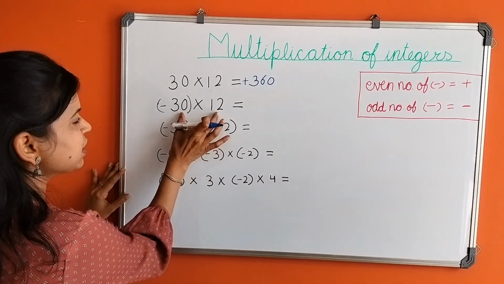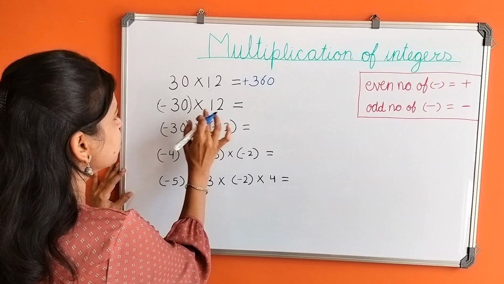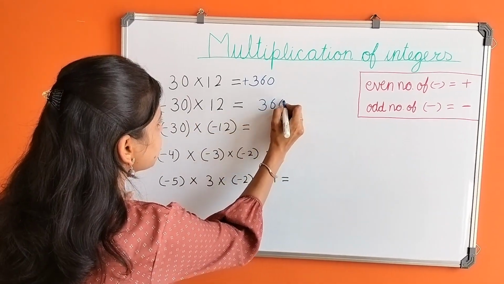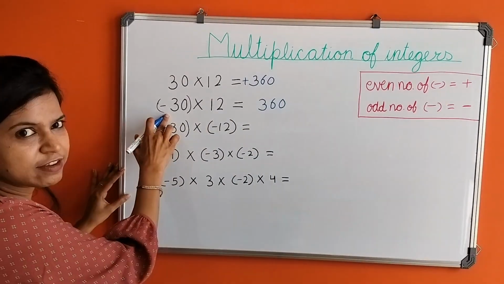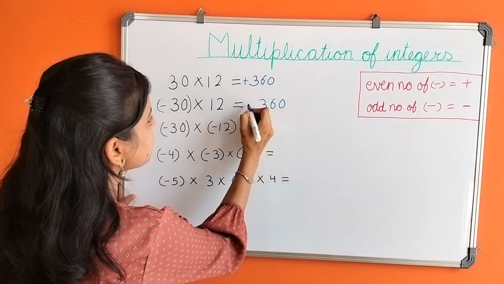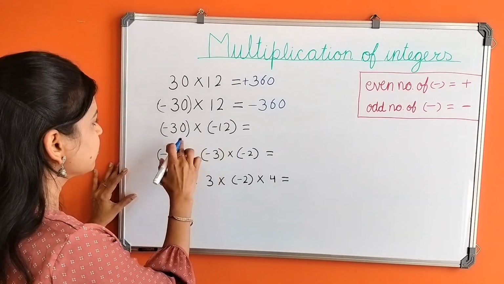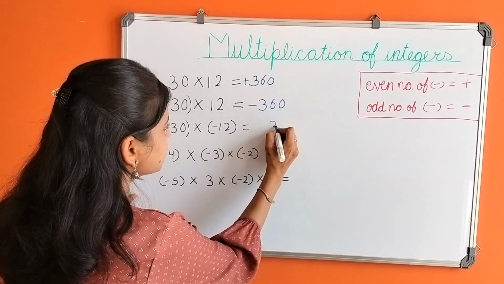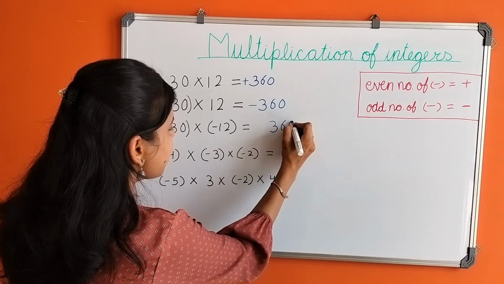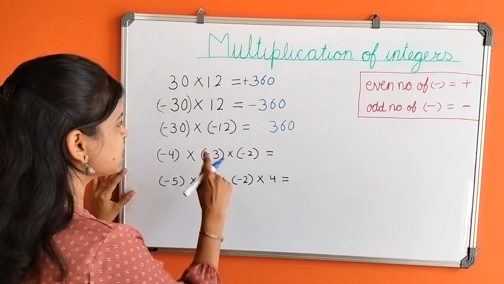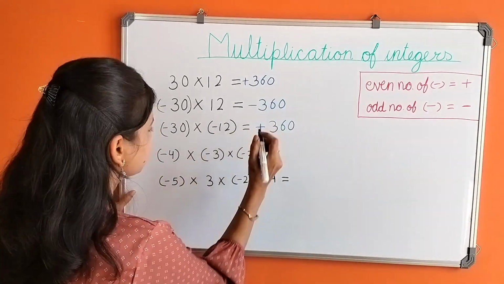So first multiply both numbers, 30 into 12, 360, and one negative is there, which is odd, so the answer will be negative. Next, minus 30 into minus 12 is 360. Two negatives are there, so an even number of negatives, the answer will be positive.